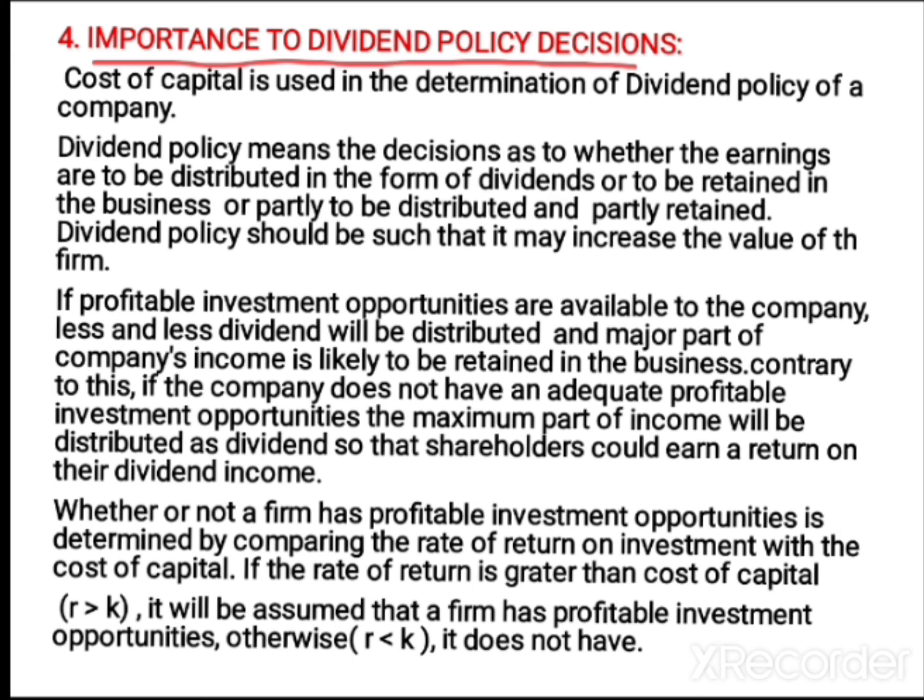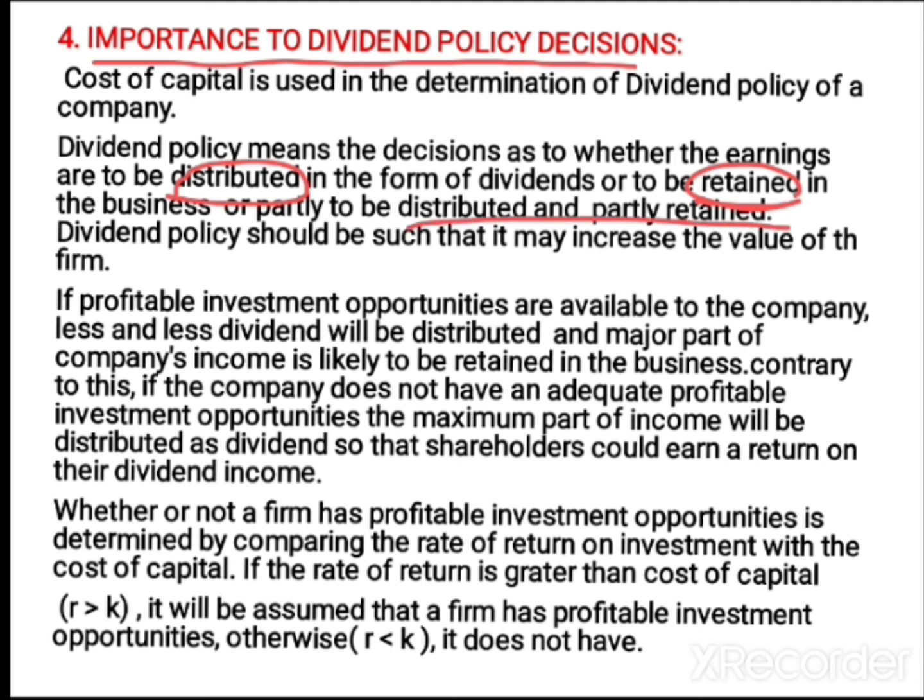Dividend policy refers to what? It is a decision whether the earnings are to be distributed or to be retained in the business. Retained refers to what? To reinvest in the business itself, or partly to be distributed, partly to be retained.